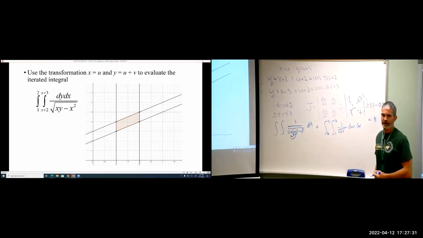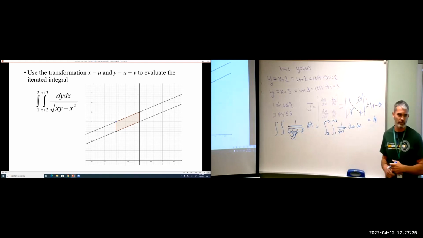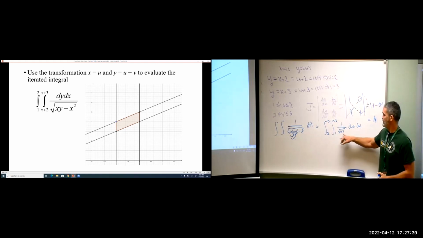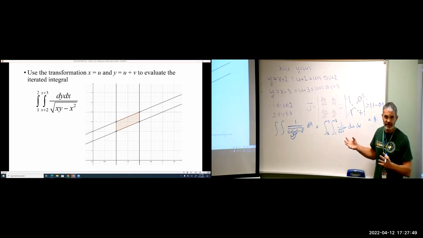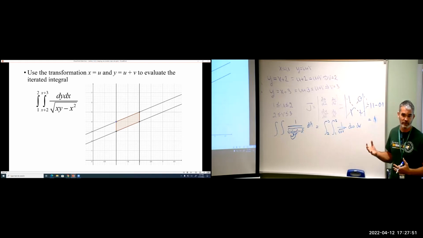You can break up a product over square roots. So we're not going to do this one right now. We've had plenty of practice calculating double integrals. But we would rewrite this as 1 over square root of u times 1 over square root of v, or u to the negative 1/2 times v to the negative 1/2. And one's a constant when we're integrating the other. So the integral actually wouldn't be very bad at all.